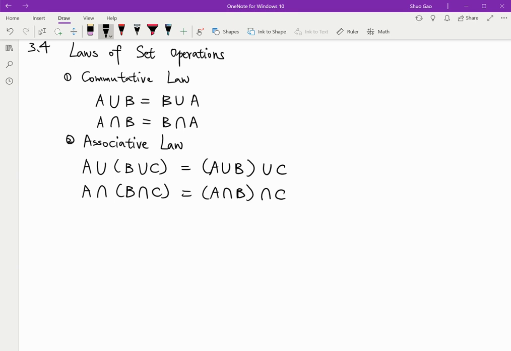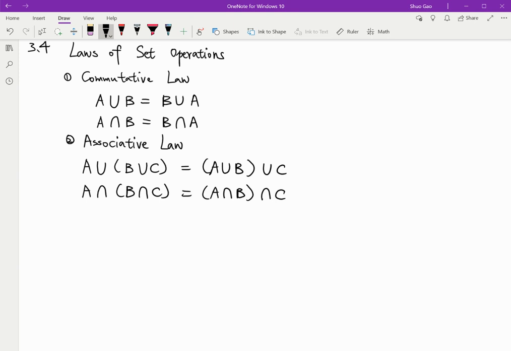You just want to find all the elements in A or B or C, and then gather them together. So whether you calculate B union C first or A union B first, it doesn't matter, because the results are the same. Both operations here are union, and union means you find all the elements in all the sets and gather them together. So the order doesn't matter here.